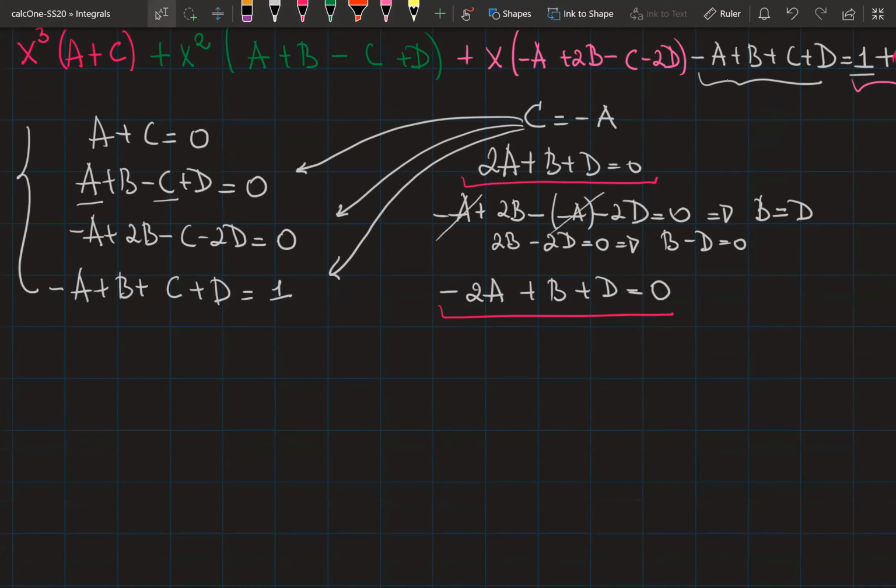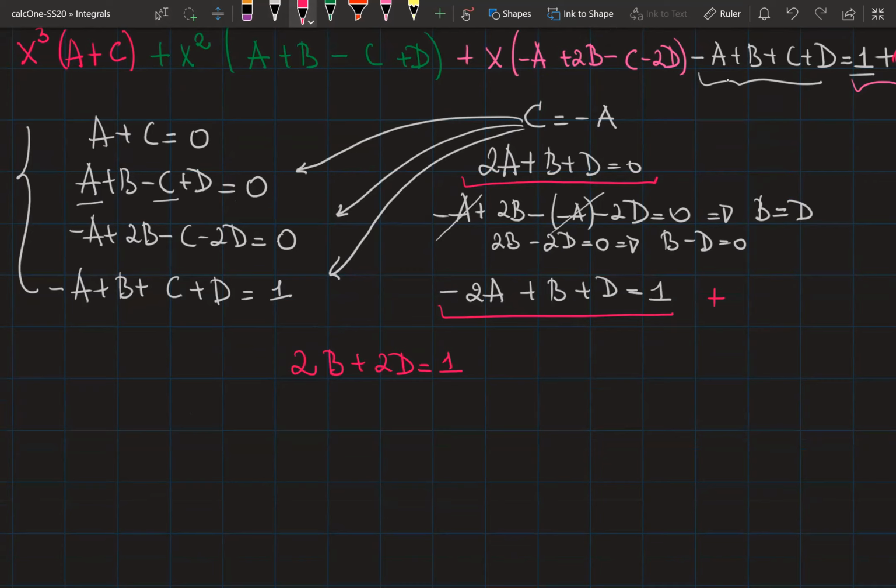So what we can do is just add them. Let's add these two equations. Minus 2a is going to be cancelled with the plus 2a when we add them. We're going to have 2 multiplied by b plus 2 multiplied by d, equal to 1.